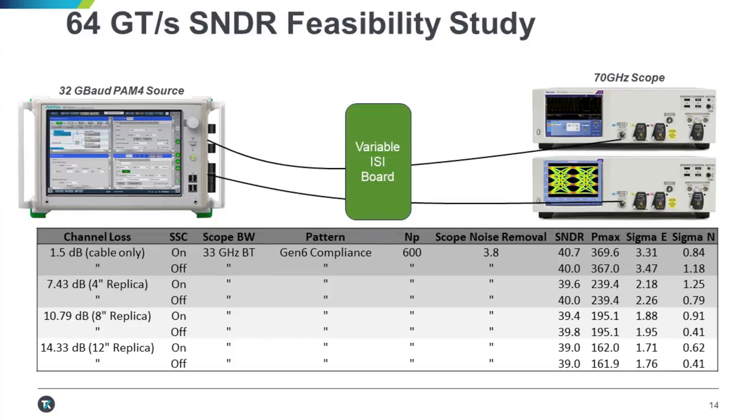Like I said, we would expect that some date in the future there will be a version of SigTest that supports this. We just don't know when. So for that reason, we've introduced this measurement, adjusted it to the latest definitions within the spec, added support for scope noise removal, and a feasibility study was done with that tool.